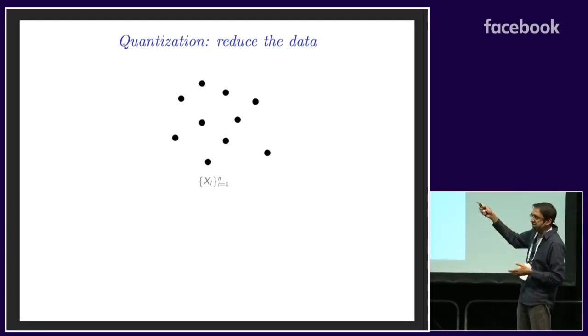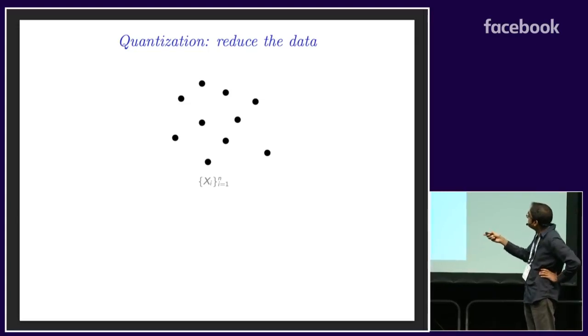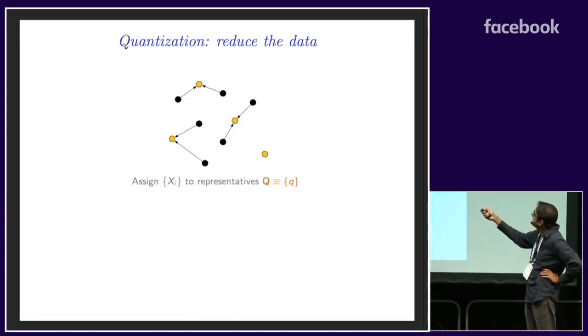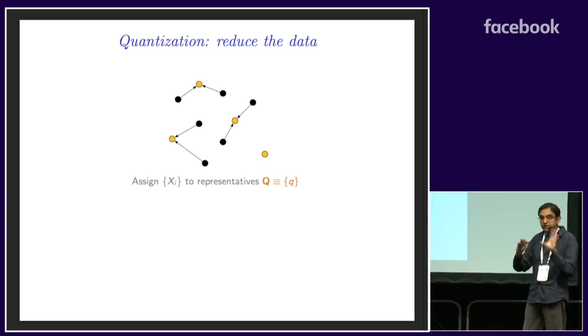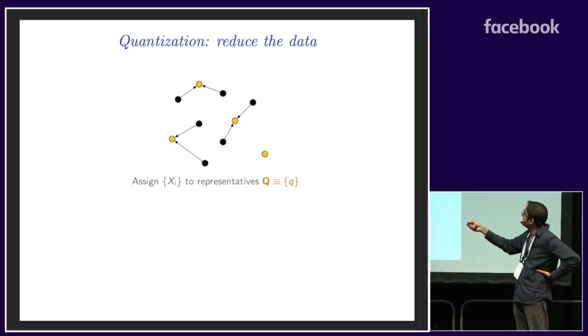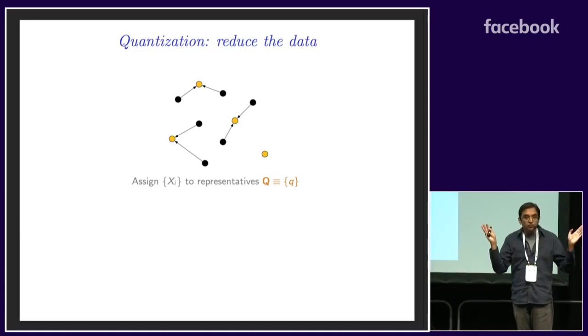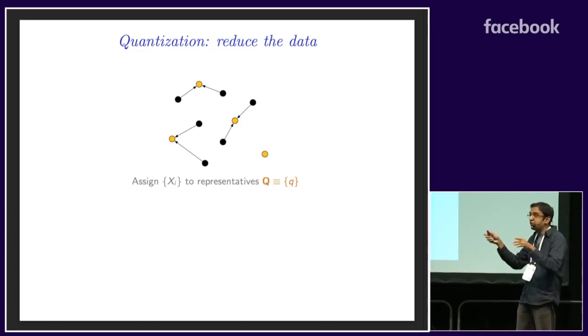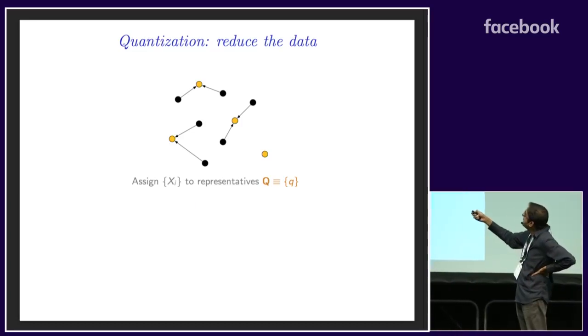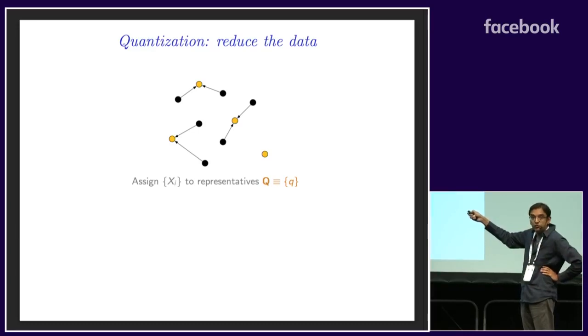So the idea is you've got this big data set. You pick a few of the points, which are shown here in yellow. Those are the only ones you're going to keep. Let's call them Q. Everything else is going to get thrown away. But before we throw the other stuff away, we assign each of them to their closest selected point, to their closest center. It's sort of a Voronoi partition.